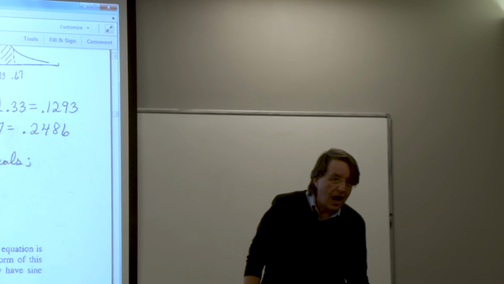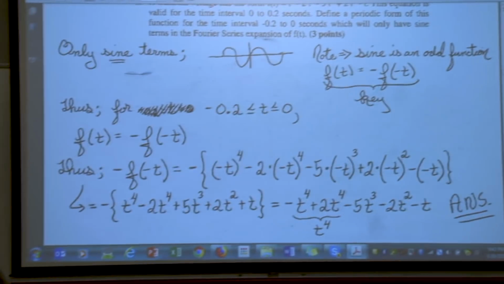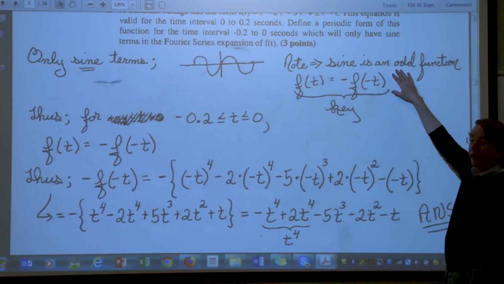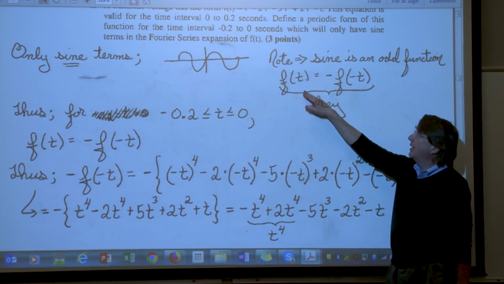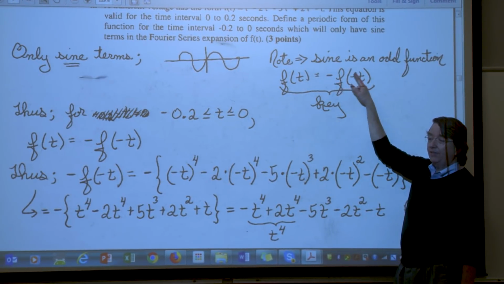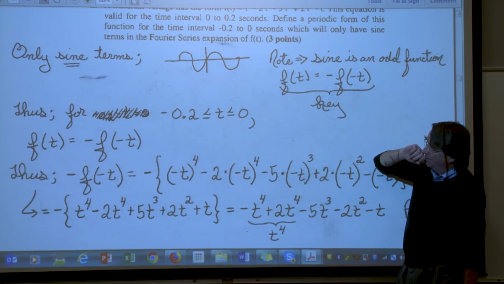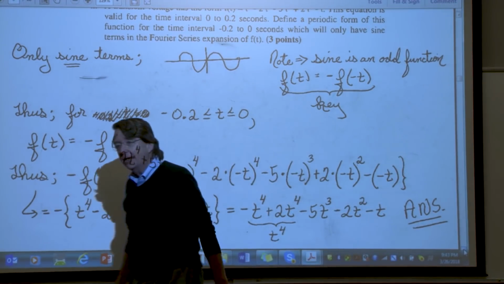Now, is sine an odd or an even function? I have to draw it. Okay? Sine is an odd function. How do I know what an odd function is? f of t equals minus f of minus t. That's what the sine is. So all you have to do, it looks hard, but it isn't.